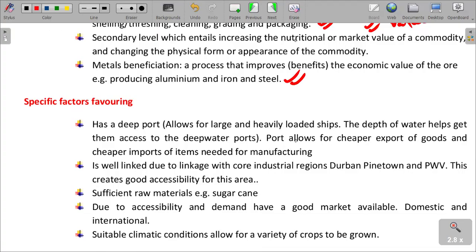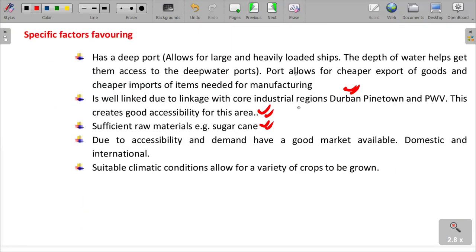We talk about the linkage with the core industrial region, the Durban PWV, which creates good accessibility, sufficient raw materials, e.g. sugarcane, ready market, both international and local, and suitable climatic conditions for agricultural production. Talk about that, sugarcane.